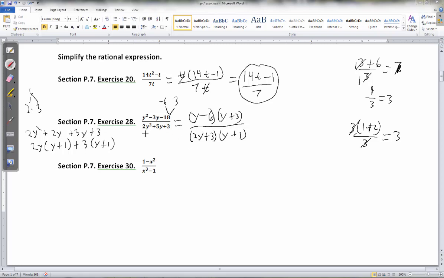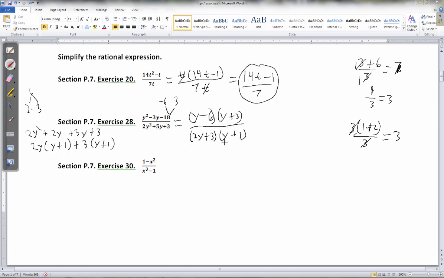When you have a narrow set of factors like this, I often do trial and error, because there simply aren't that many options. The first terms had to be 2y and y. The last terms had to be 3 and 1. So the only question was, how were they arranged? And you can figure that out pretty quickly, just because the middle term is the multiplication of the outers and the inners.